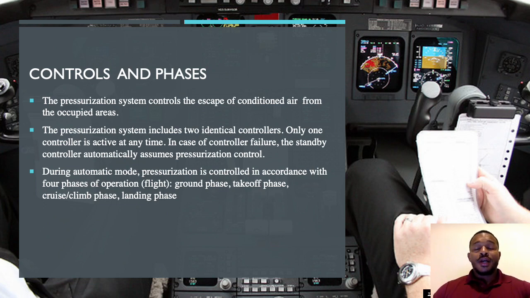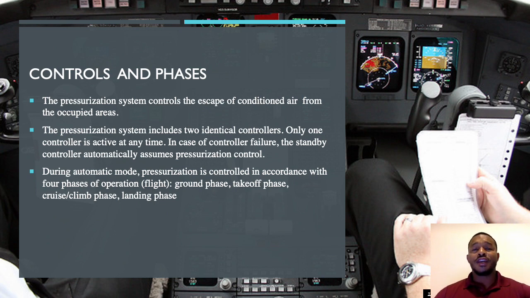Another feature that this aircraft has is it has an automatic mode, which controls pressurization in four different phases of flight. So the first phase of flight is going to be the ground phase. So obviously, the pressure is going to match the ground level or sea level. Then the takeoff phase, the system starts to adjust and begins to pressurize. And then we get to the climb cruise phase where the pressurization system is basically in a steady state.